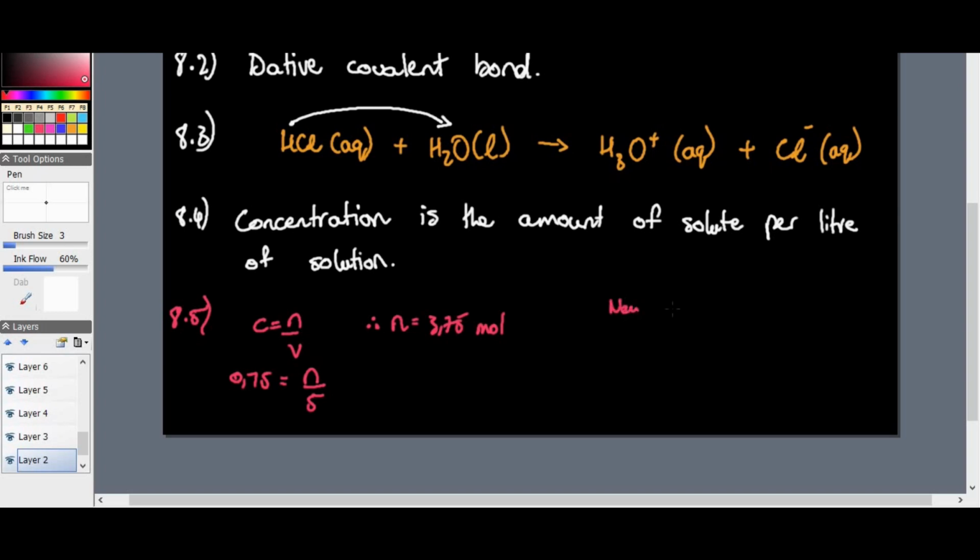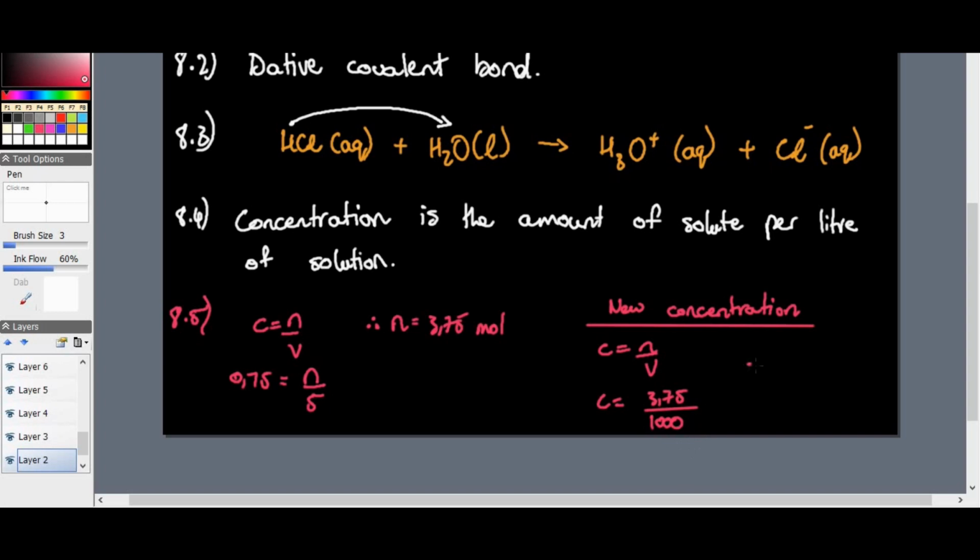You can make a little heading or section in your answers to say new concentration, or just underline it, to make the marker aware that this is where you're calculating the new concentration. Same formula, C is equal to n over V. The number of moles that went into the pond was 3.75, and the volume of the acid plus the water is 1,000, so the 5 decimeters cubed of acid going in with the 995 decimeters cubed of water.